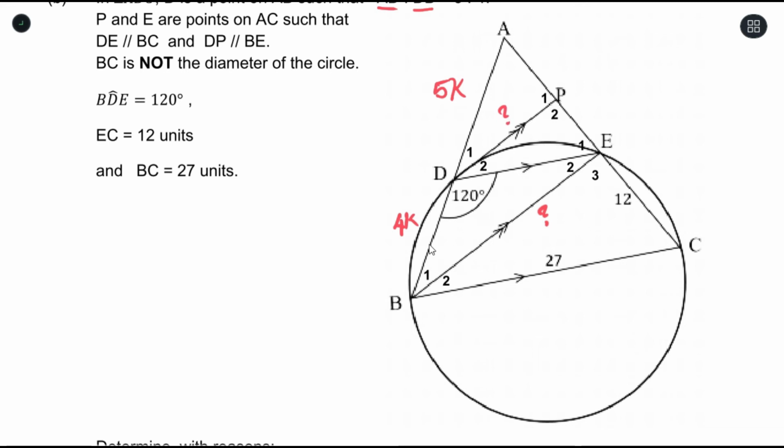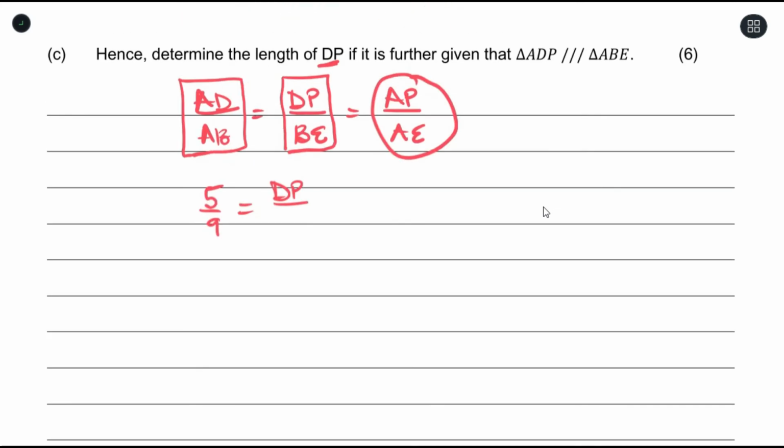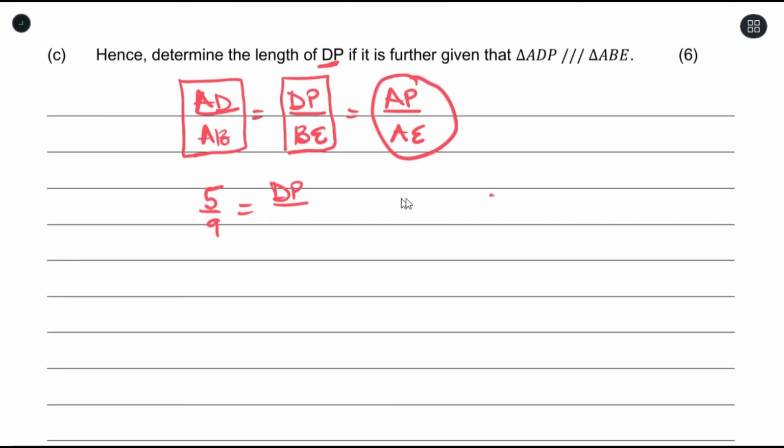Now, we see that in the cyclic quadrilateral DBCE, if this is 120, this angle here would be 60. And if that is 60, now focusing on ECB, we understand that we can get BE using the cosine rule, because that's an included angle. That's exactly how I'm going to get BE. So let's just put a pin here.